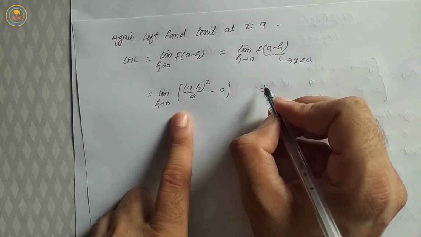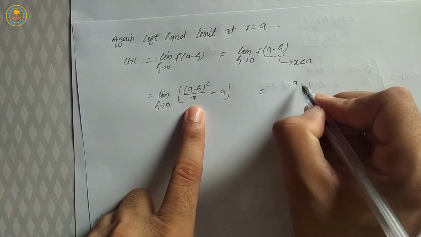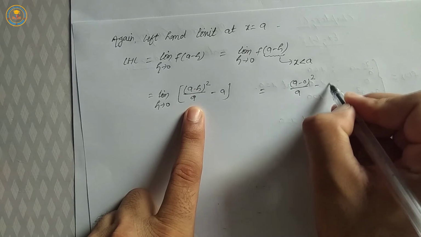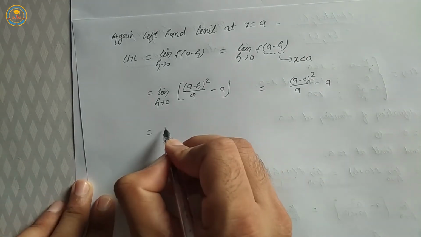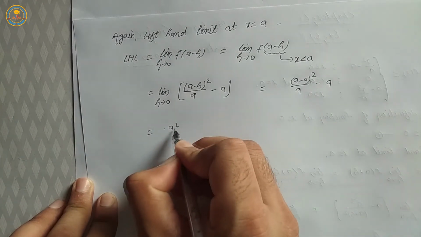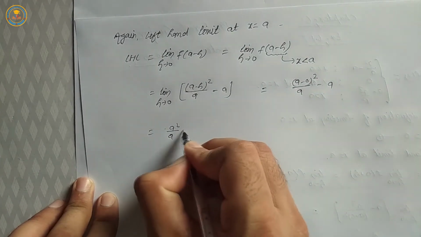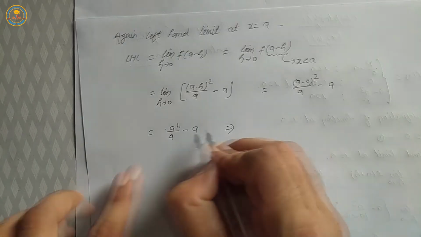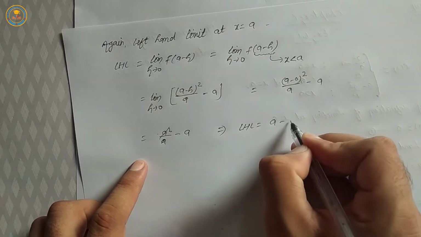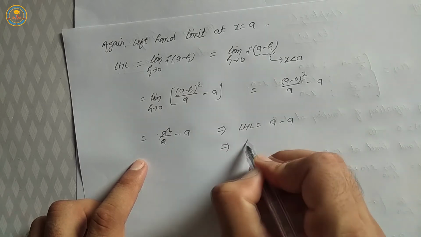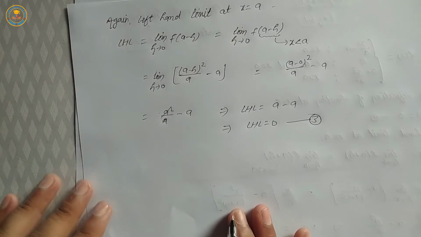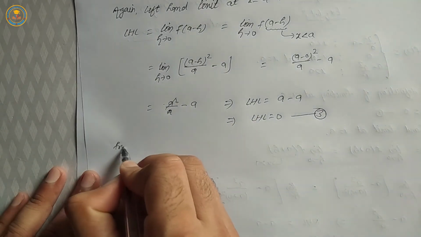Putting the value of h is equal to 0, (a minus 0) whole square by a minus a is equal to a square by a minus a, a cancel out. LHL is equal to a minus a implies LHL is equal to 0. Equation 3rd.